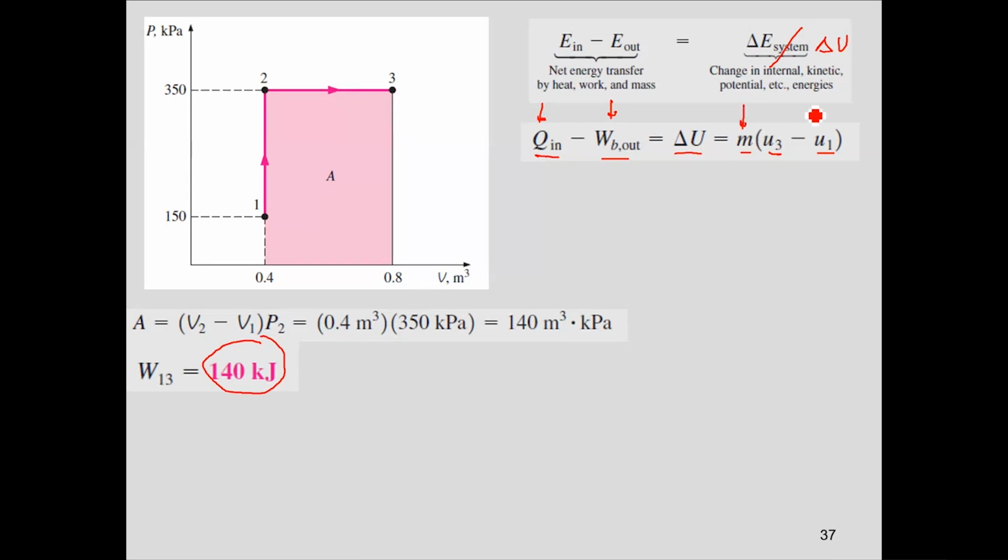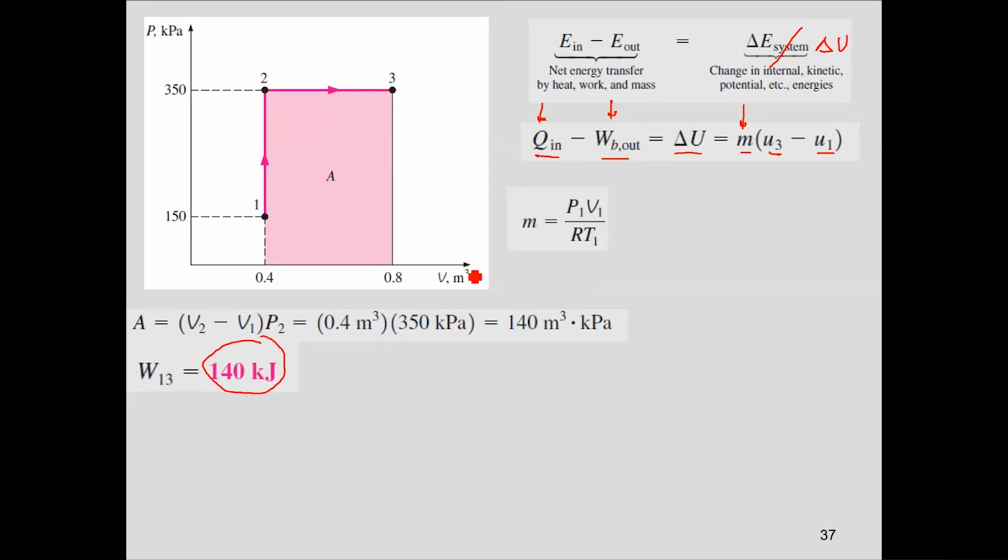How can we determine the mass of my system? Again, we have assumed air to be an ideal gas. When you have an ideal gas, your pressure, volume, and temperature are known to you.